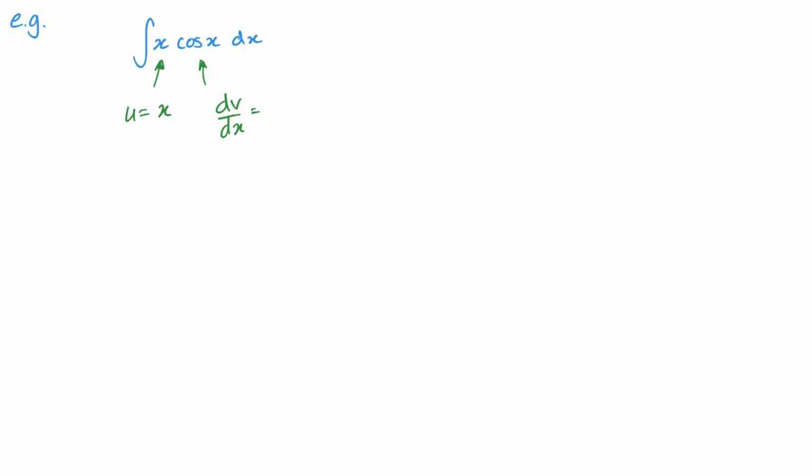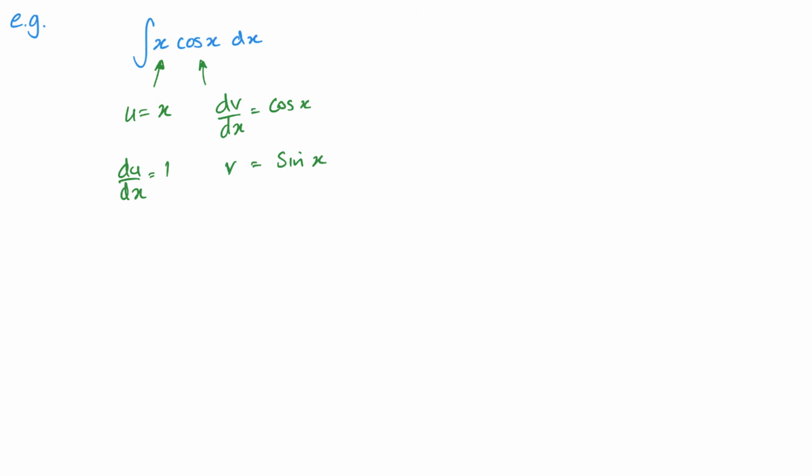Just remembering that one exception I mentioned earlier, which we will get to with an example. So for us to be able to do this, we need the du by dx term, which in this case will be 1, and we need our v term, which if I integrate cos, I will get sine x.